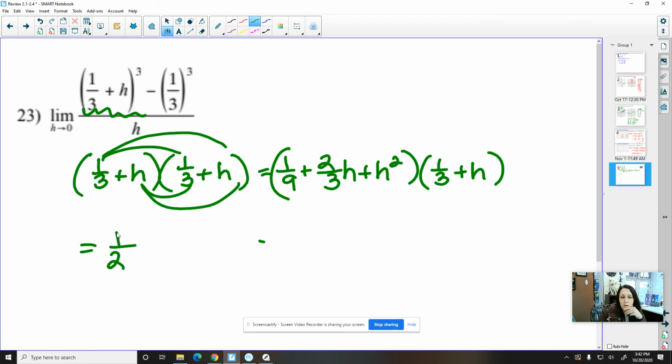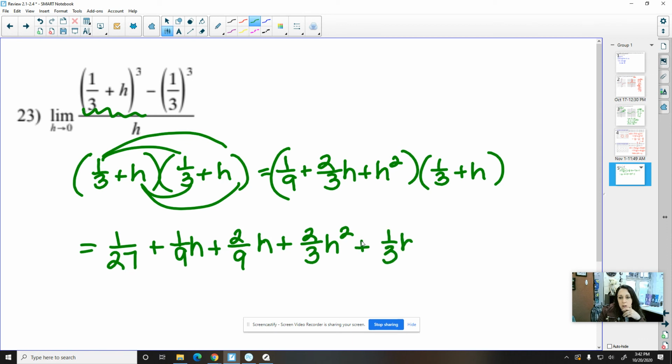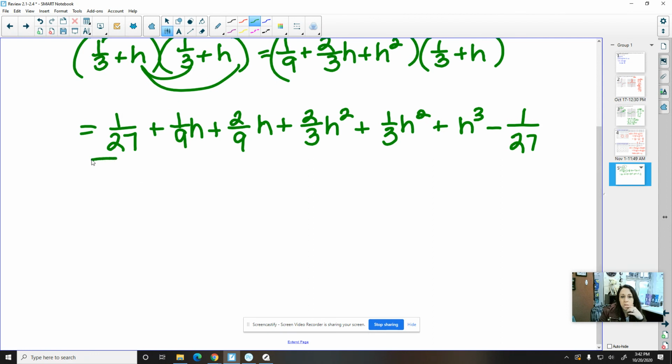So that would be 1/27 plus 1/9 h plus 2/9 h plus 2/3 h squared plus 1/3 h squared plus h to the third. And then I do have this last part I need to put after that. So minus 1/3 cubed would be 1 over 27. And this whole thing goes over h.